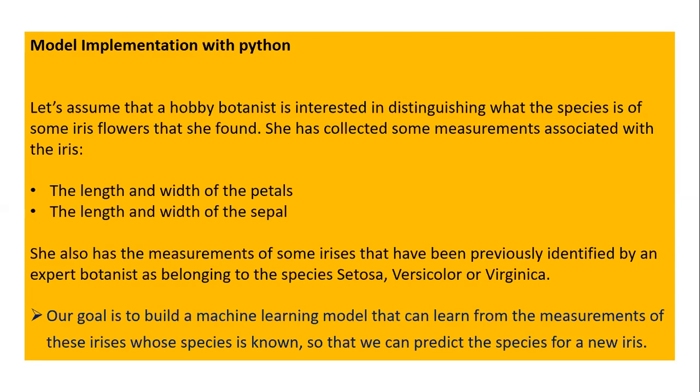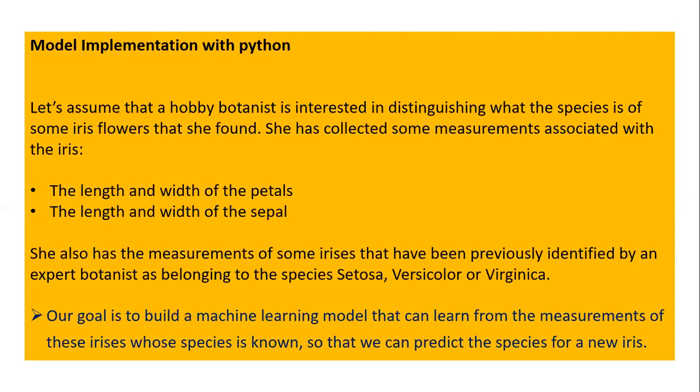We have a data set collected by some experts, and they divided the iris flowers into 3 species: Setosa, Versicolor, and Virginica. So there are 3 classes. The classes are made by their petal and sepal size.